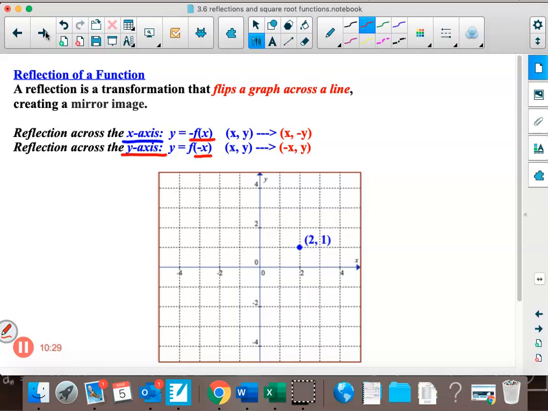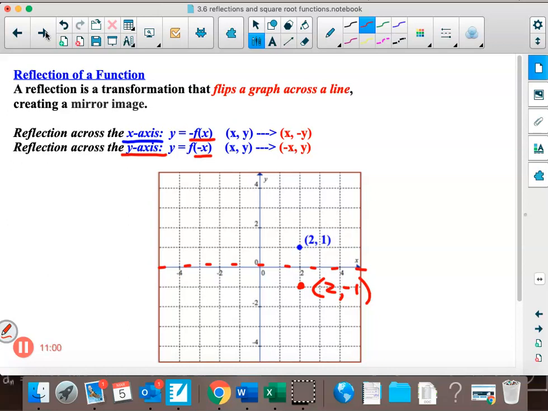Let's talk about why. Say I start with a point 2, 1. If I multiply the y value by a negative, I end up at 2, negative 1, which just flips that point over the x-axis. When you have a reflection, if you took your axis, say this is a piece of paper, and fold the paper along the axis, they should land right on top of each other.